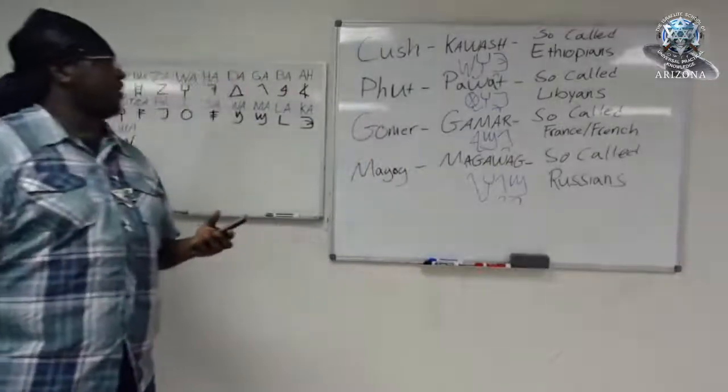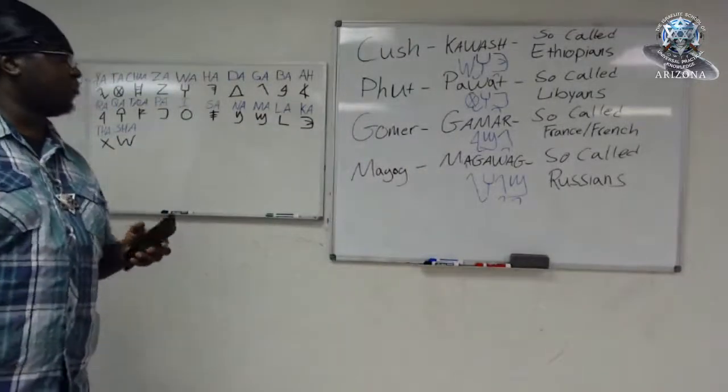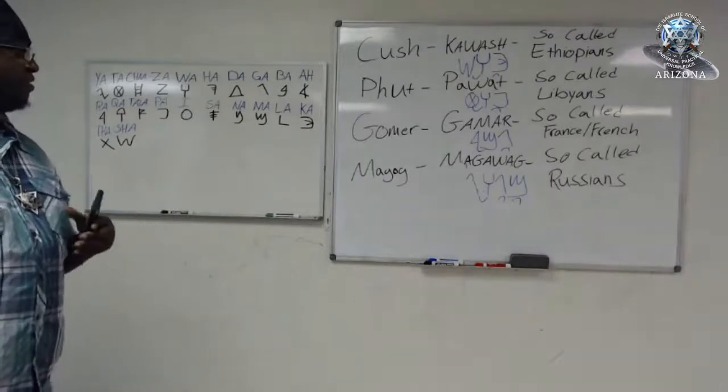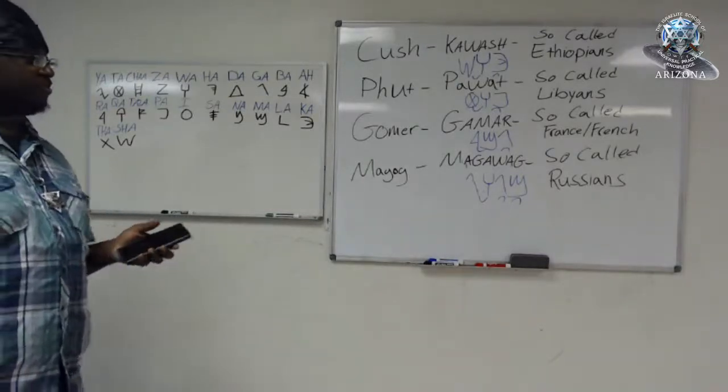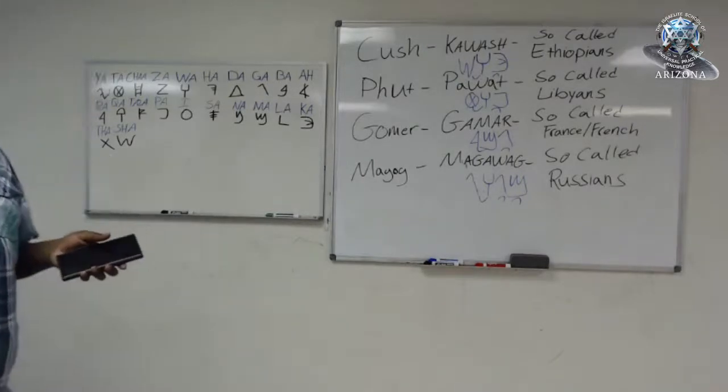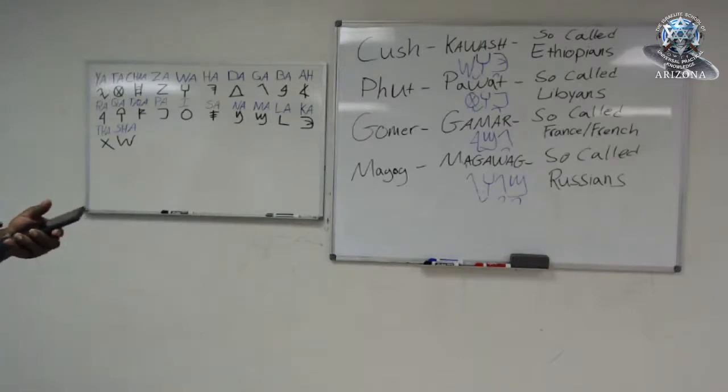Kush, Kawash, Ethiopians. Put is the so-called Libyan, Gomer is the so-called French, and Gog is the so-called Russians. Okay.